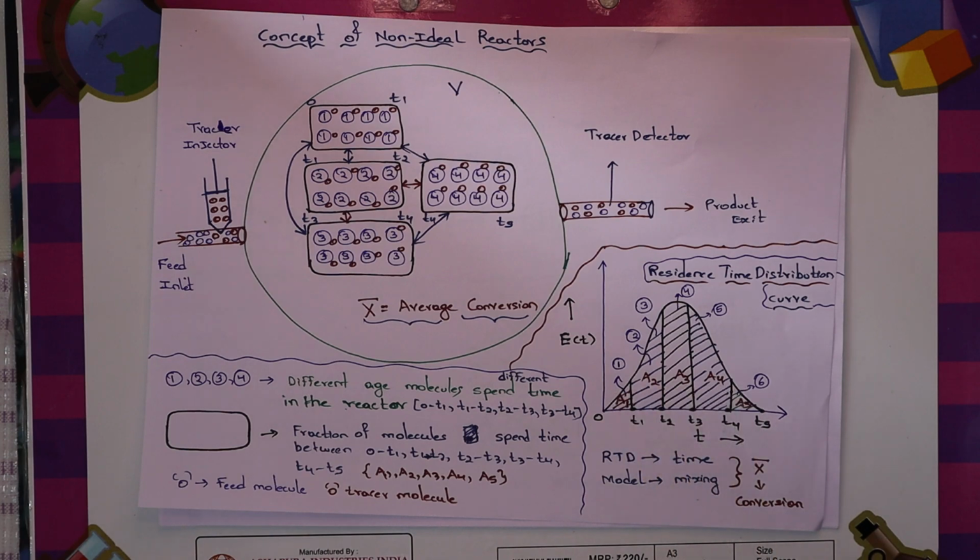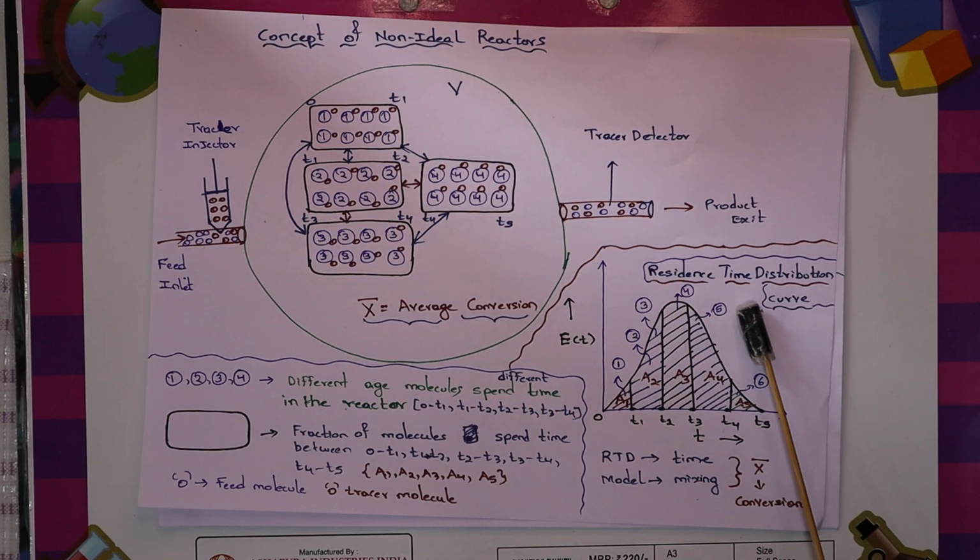Zero means a molecule which is entering the reactor has no age, because it is yet to enter the reactor. Once the molecules enter the reactor, depending upon the time spent, each will be given a specific number.